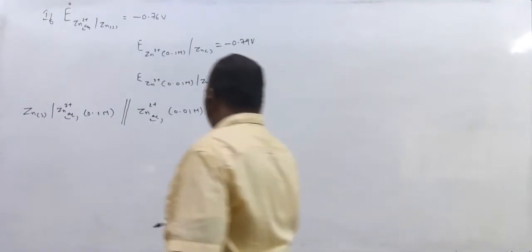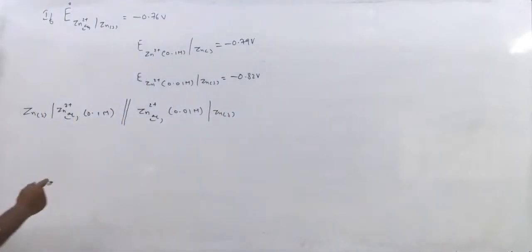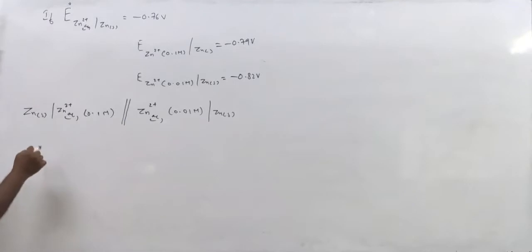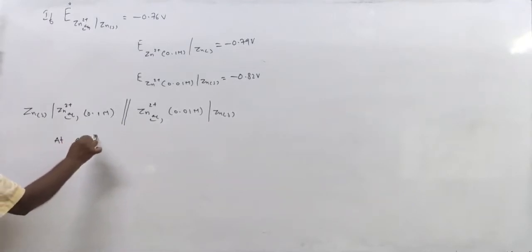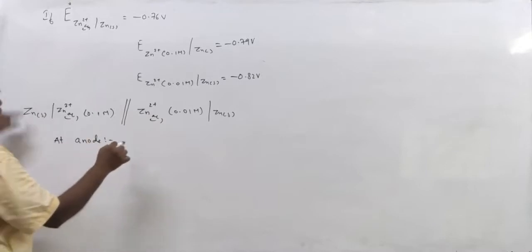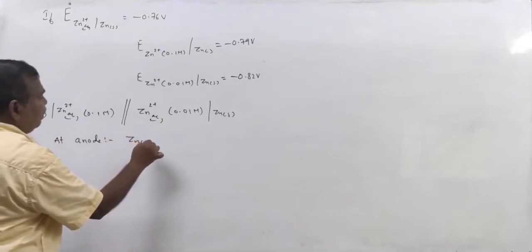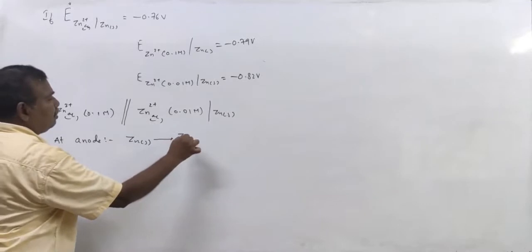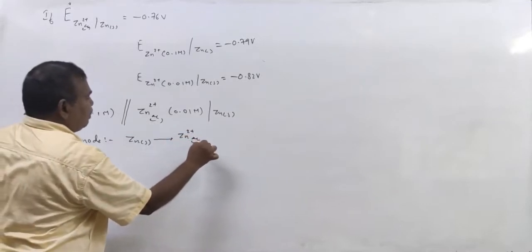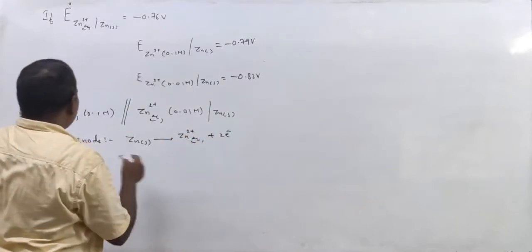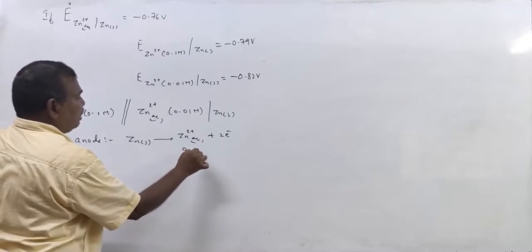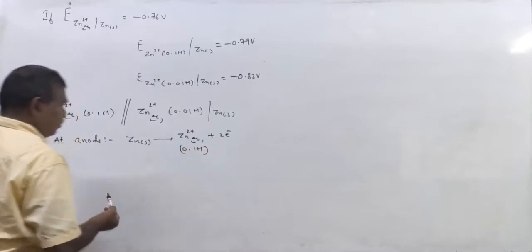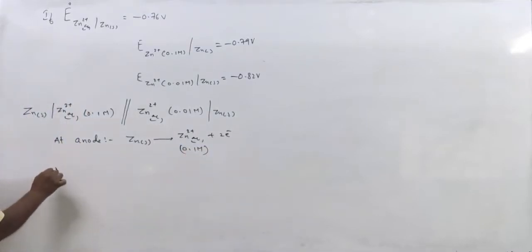Now, see, what is the reaction at anode? Zn solid gives rise to Zn2+ aqueous plus 2 electrons. Write down the concentration here, 0.1 molar, otherwise you will get confused.